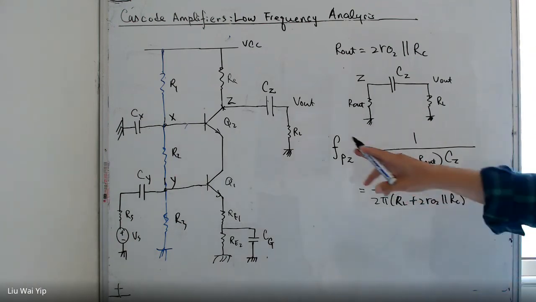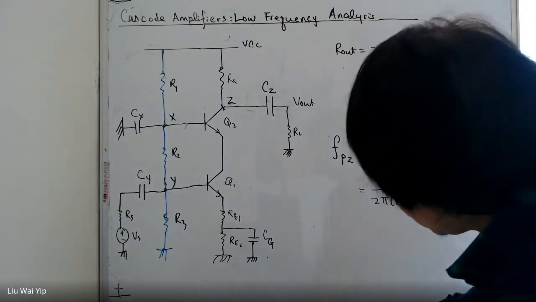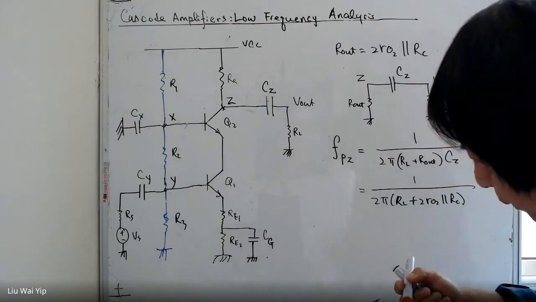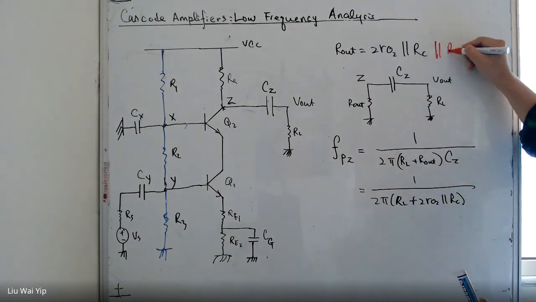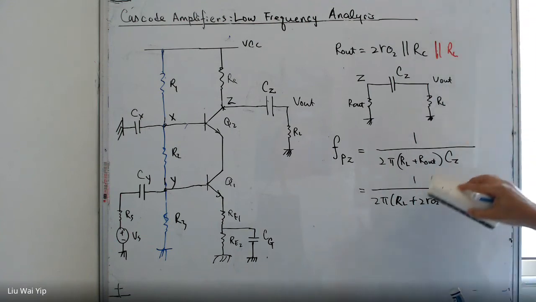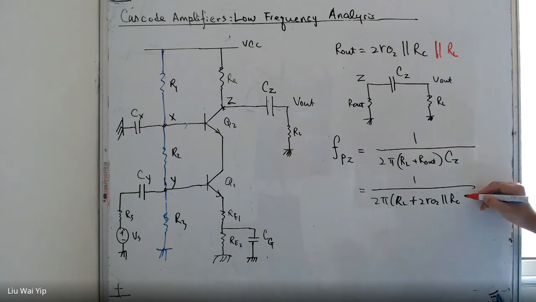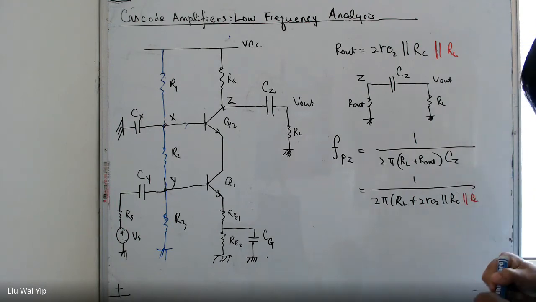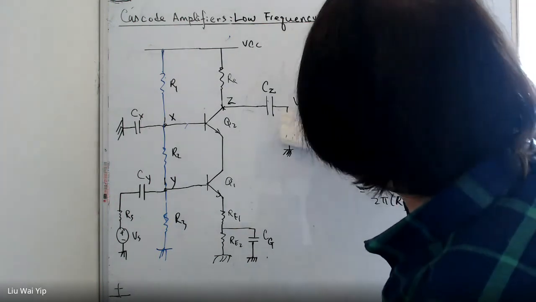If you have a load resistance, you need to add one more. So I'm going to use a red pen to highlight it. RL, this is the newly added one.